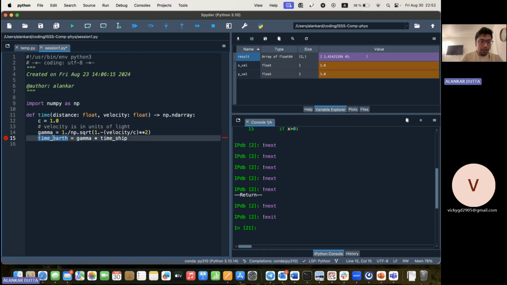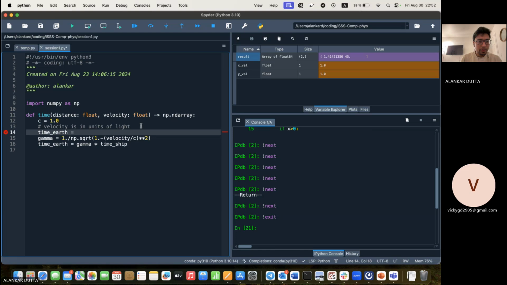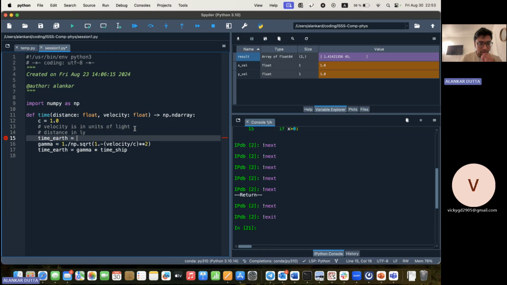Let's say the time on Earth is simple. If the distance is in light years, then the time on Earth will be distance by velocity, in years, because velocity is in the speed of light and the distance is in light years.